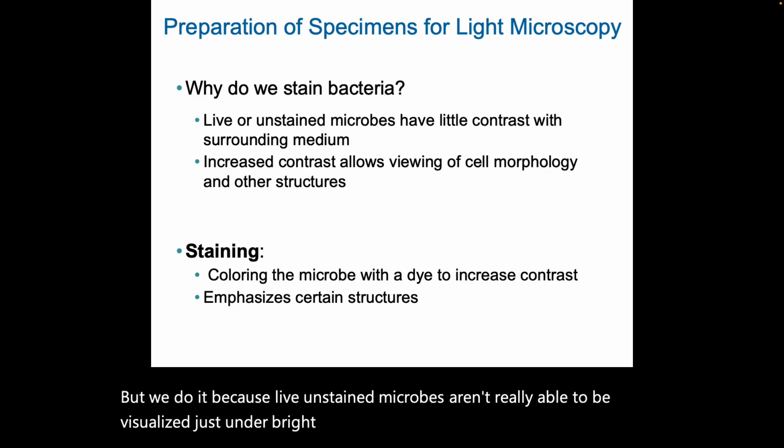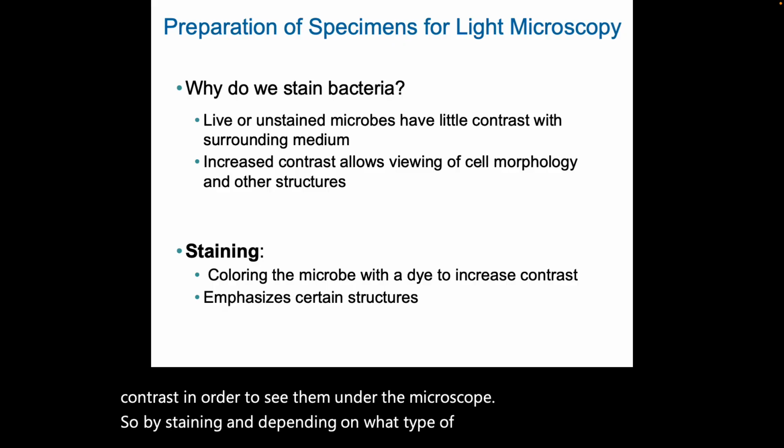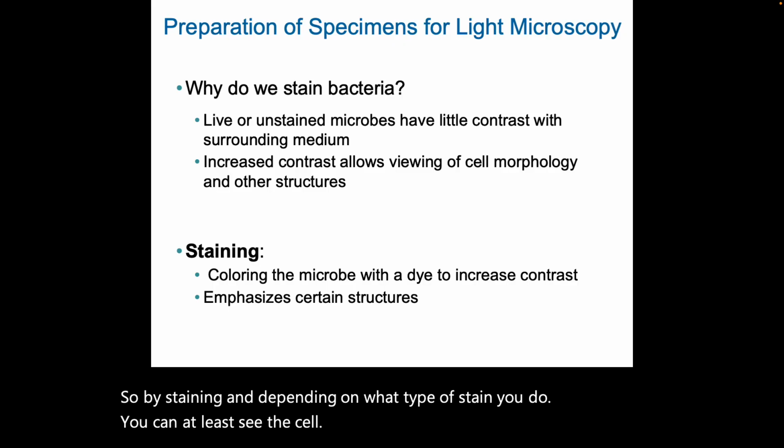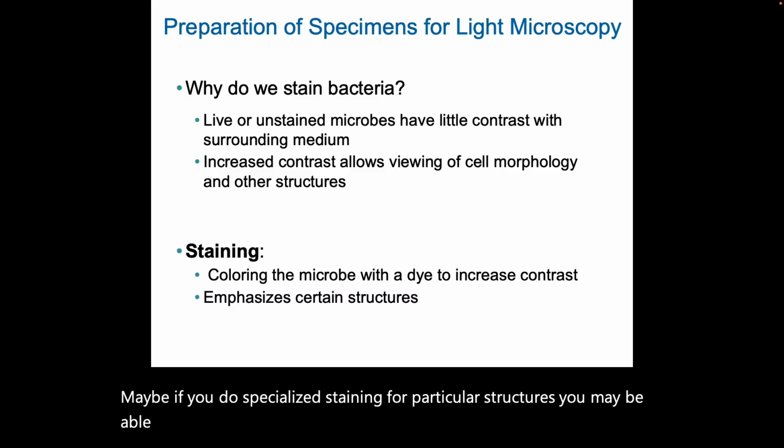They don't have enough contrast in order to see them under the microscope. So by staining, and depending on what type of stain you do, you can at least see the cell. Maybe if you do specialized staining for particular structures, you may be able to see those.